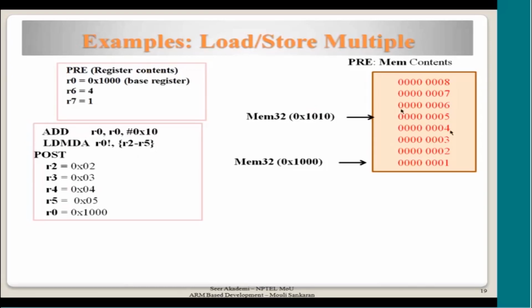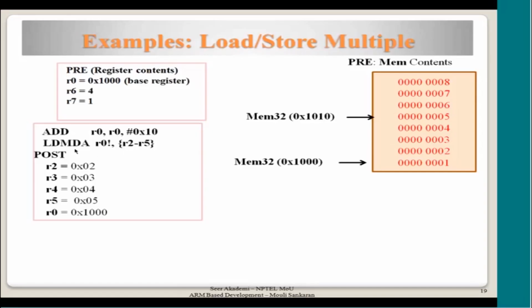These registers should get multiple values from memory, but take R0 as a base register and please do a decrement of that. What does it mean? You are supposed to decrement the base register, but do it after you transfer the first word into the first register I have given you.